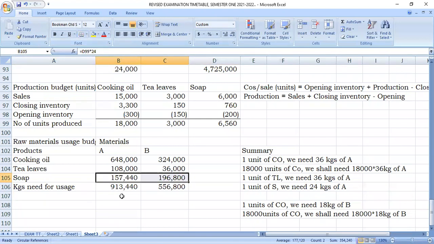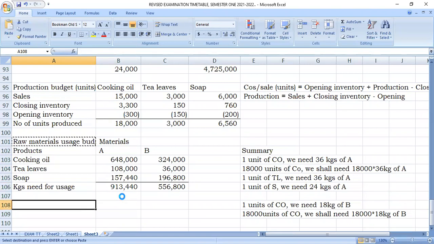Then you ask yourself, if this is what we need to use, how many kgs do we need to purchase? I beg your pardon. So this is usage. So ask yourself, purchase budget. How many units are we going to produce therefore?